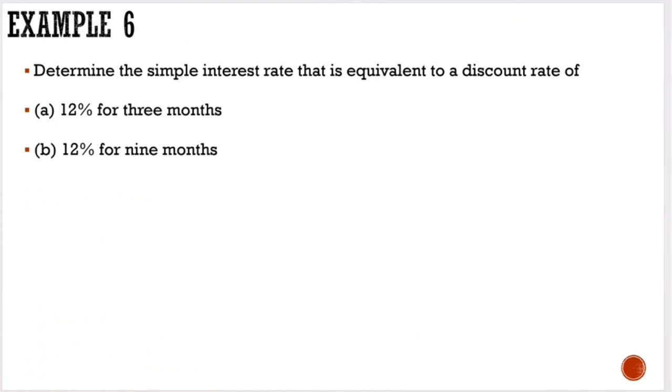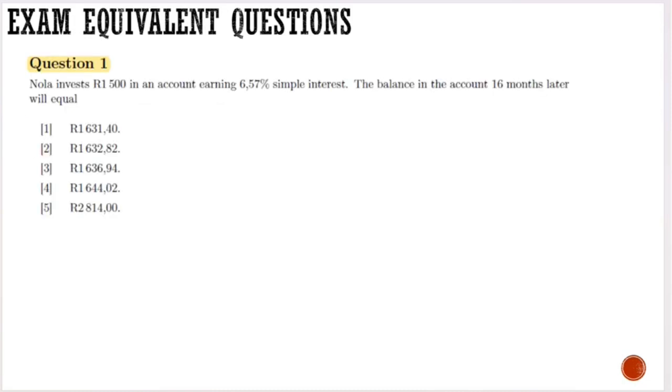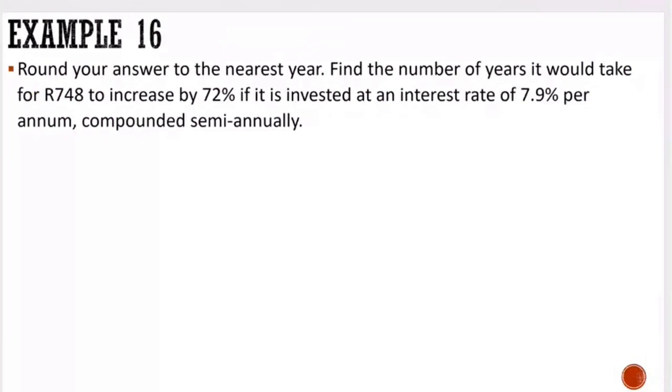What is important here is to look at the exam equivalent questions, because at the end of the day we need to know how to work with these. Or perhaps I should get another question similar to the one we've just done. You can see that it's a repetition, it's just the context that changes.